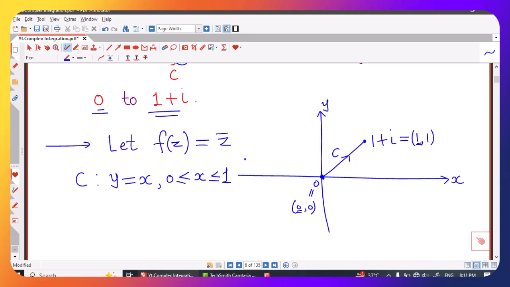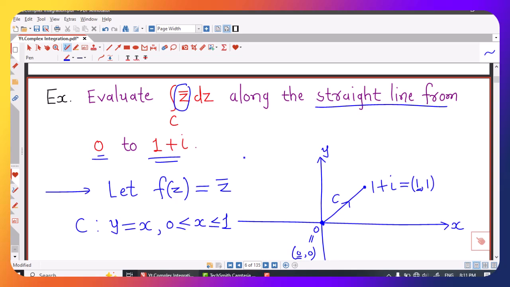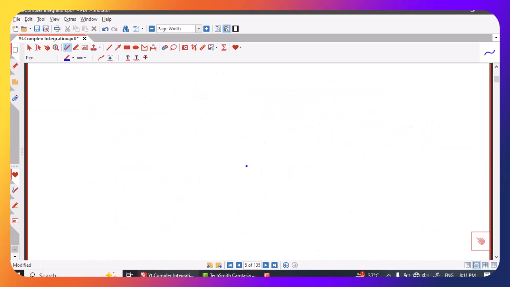All we will do is try to express the given contour in terms of a single variable using the equation of the given curve. For example, suppose our curve is a circle, say x square plus y square equal to 4. Then we will use the parametric representation of the circle.